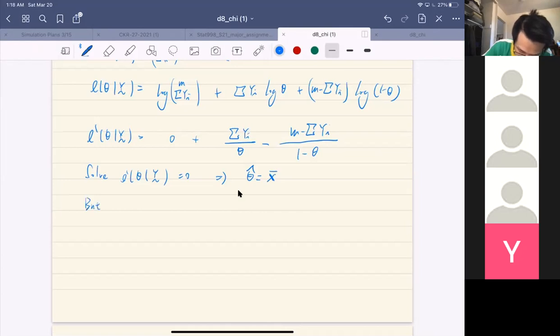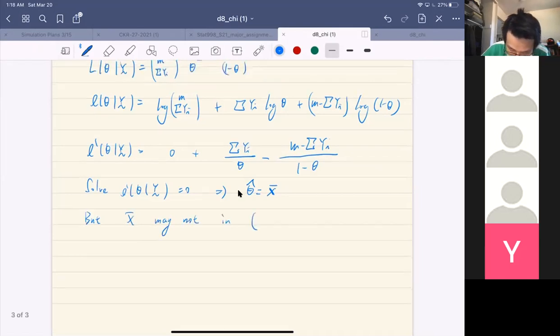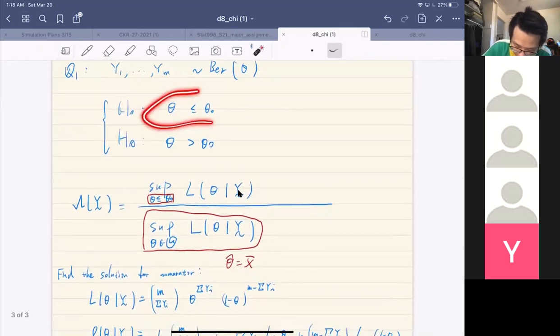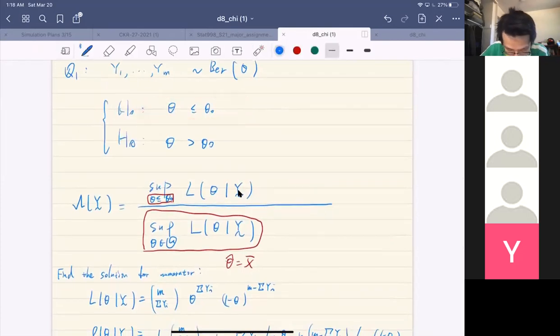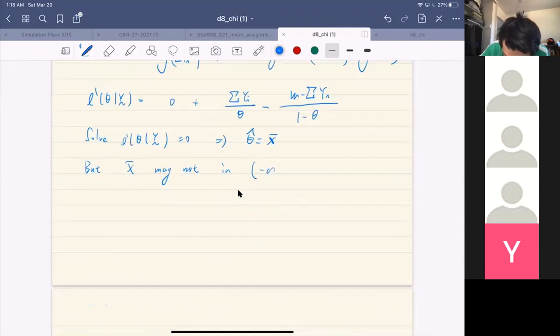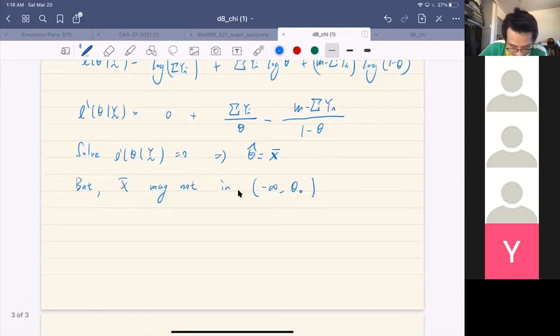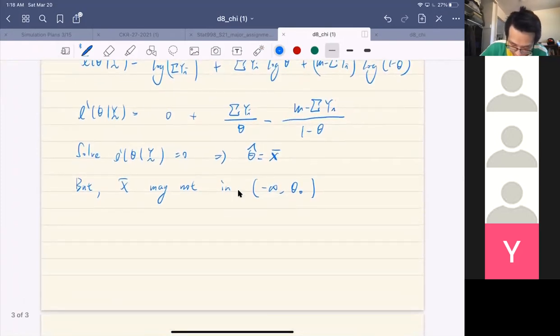But the question is that S bar may not be in the domain, so we need to figure out the case where S bar is larger than theta zero.